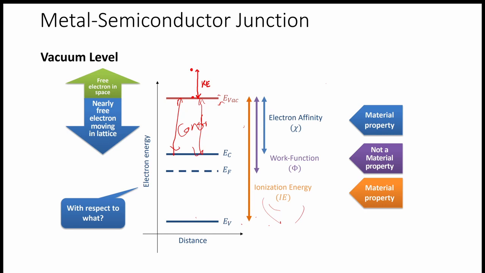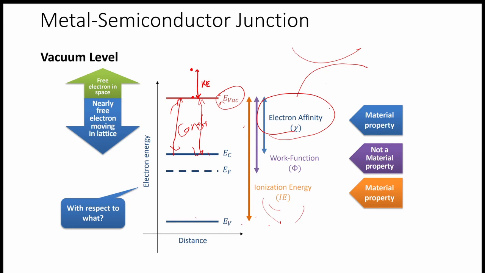Even if this conduction band bends, maybe like this, this vacuum level will follow the conduction band. So this gap will always be constant. The electron affinity will always be constant, whether it is in contact or not in contact, whatever.